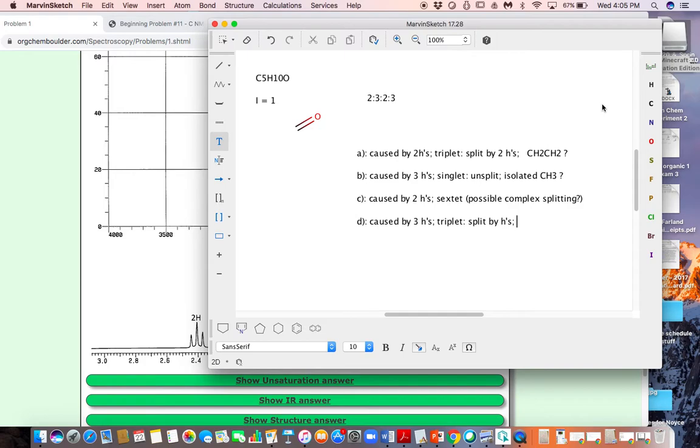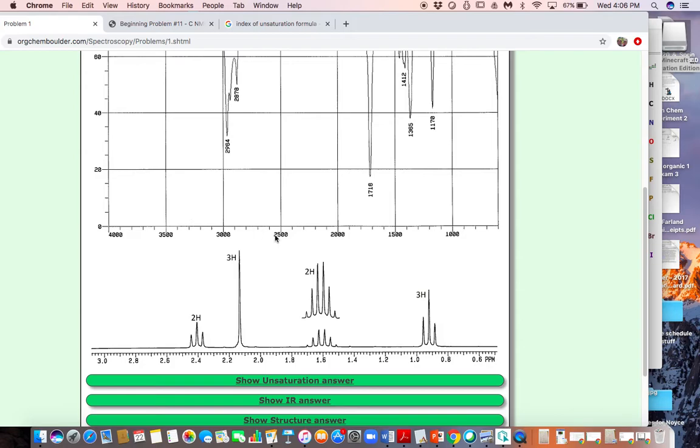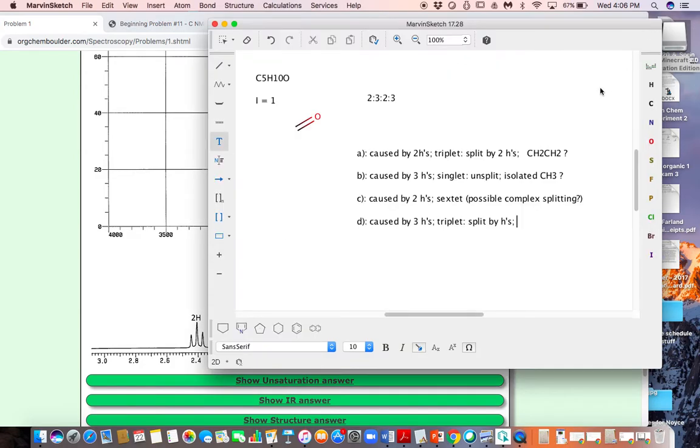So again, you have a CH3 here, most likely, from the integration. And then, maybe that means it's next to a CH2 since it's split into a triplet. Who knows? But that's a pretty good guess, I think.